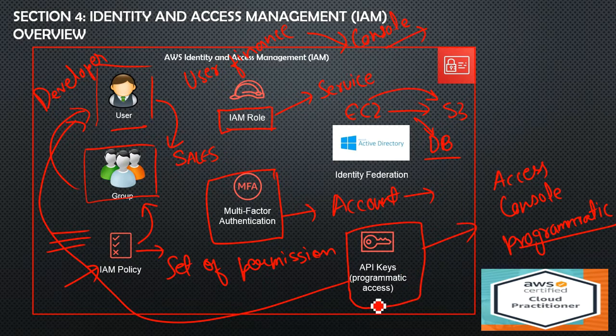Programmatic access means you can give the user access to the services through programmatic means. For example, from the shell you can run some code. That is programmatic access. Okay, let's move on to the next slide.